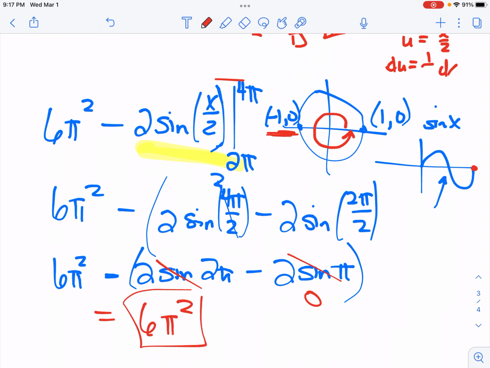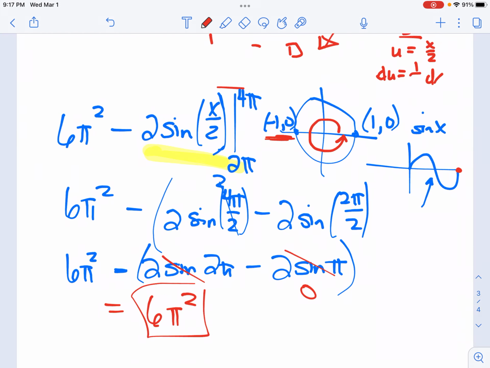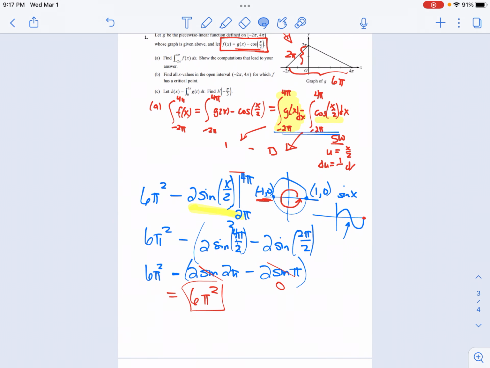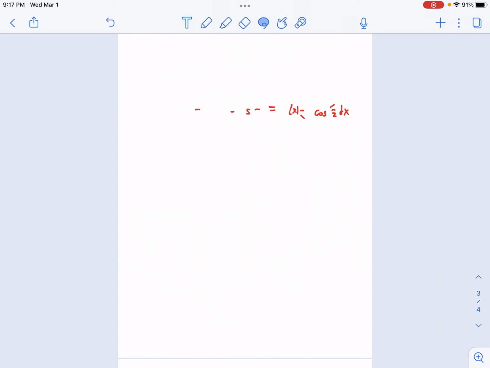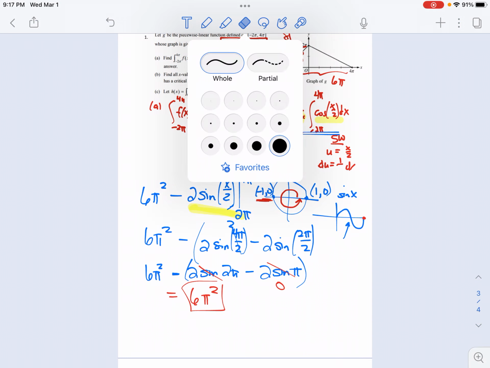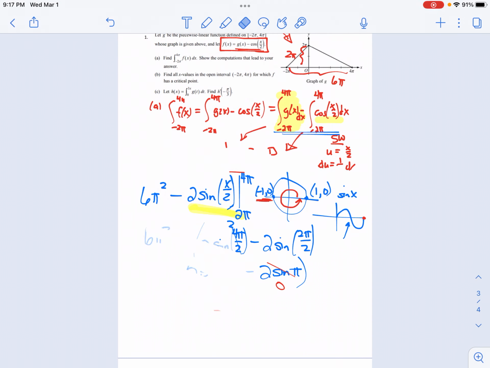Whoo! U substitution, integration, and trig. My goodness. Okay, I'm going to clean that up a little bit. That's part A, and that is probably the toughest piece right there, that integration.